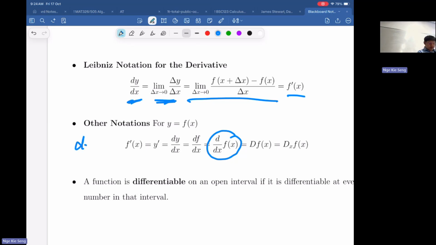If you write dy dx, do you think it is a fraction or not? It's actually not quite a fraction, meaning you cannot just cancel the d's like this. But it is true that d over dx of x is 1.